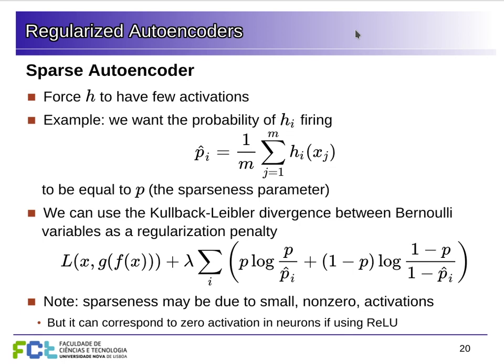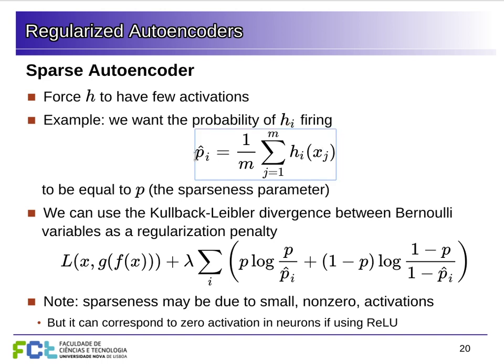For example, with a sparse autoencoder, we can try to force the network to recover the input without having too many activations at the same time. That is, our hidden representation, our latent representation in the network, cannot have too many values different from 0 at the same time. For example, suppose that we want to coerce the network into having a lower probability of any one neuron from the hidden representation being active for the same example.